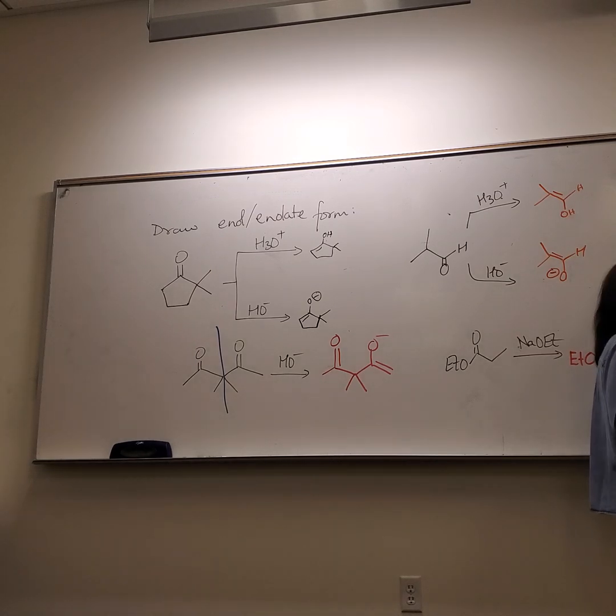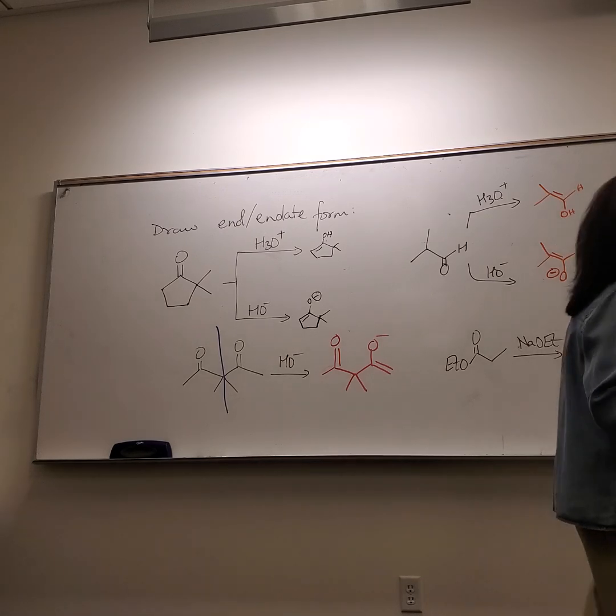The problem though is that these are not very basic. These are weak in the big scheme of things, so they unfortunately end up giving us an equilibrium process where you just have to deal with it, because the bases are not that strong.